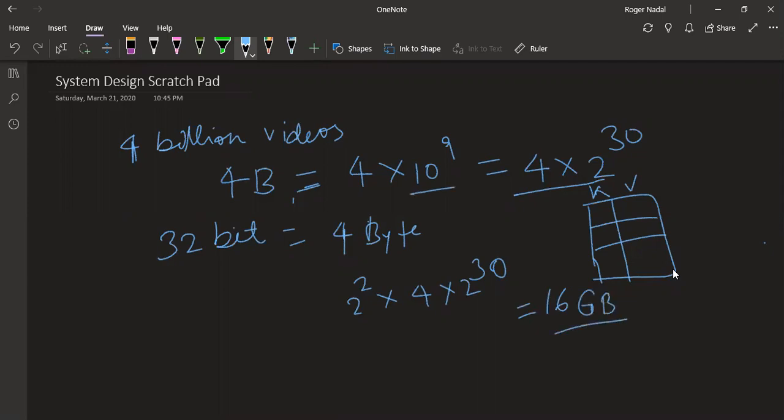By the way, guys, if you are doing estimates, just remember this thing. This helps a lot to do faster calculations: 2 to the power 10 is equivalent to 10 to the power 3. So I'm just using that here. So 16 GB is the key and 16 GB is your value.